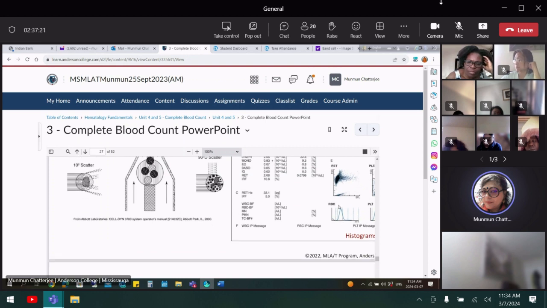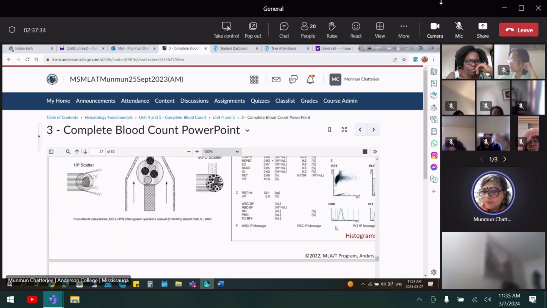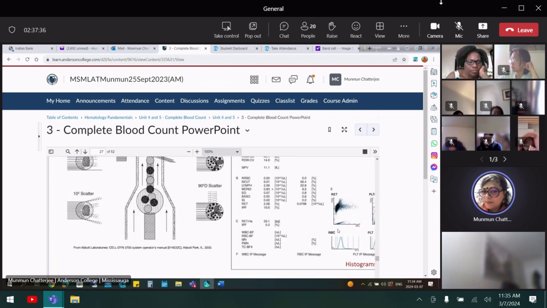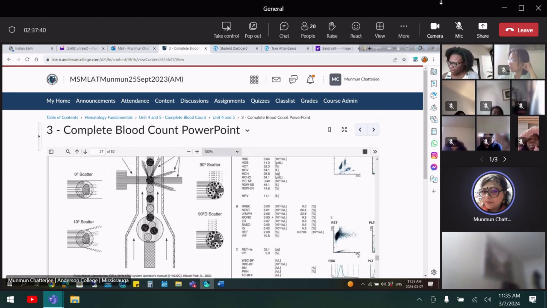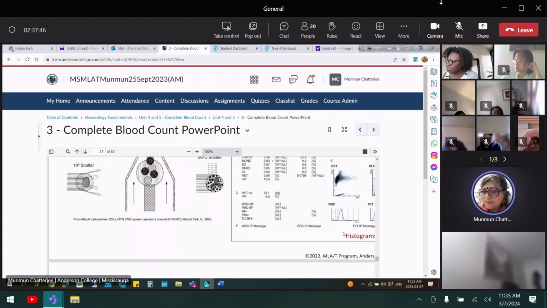And this is a kind of bar plot, so it's called the histogram. The WBC differential count is going to be plotted through the scatter plot. Histogram is mainly for RBC and platelet. The WBC differential count gives you the scatter plot.